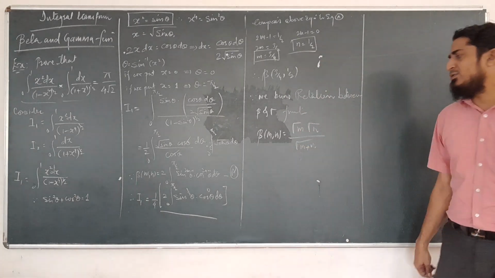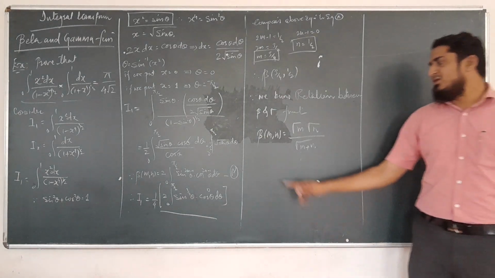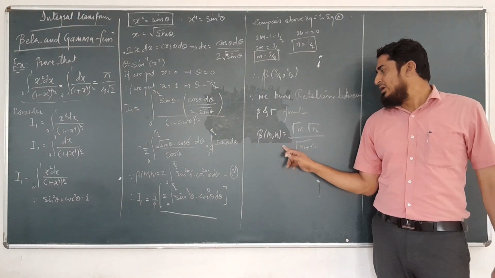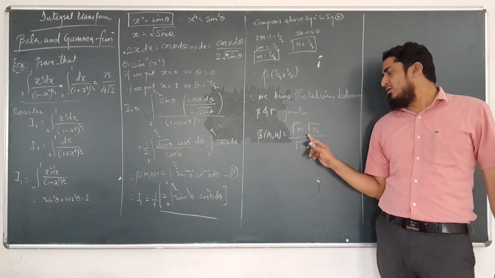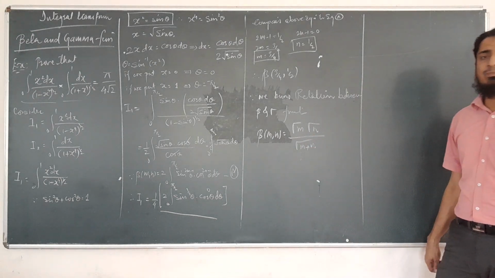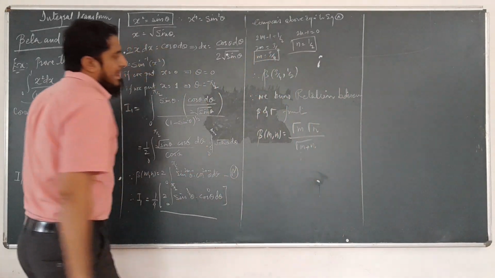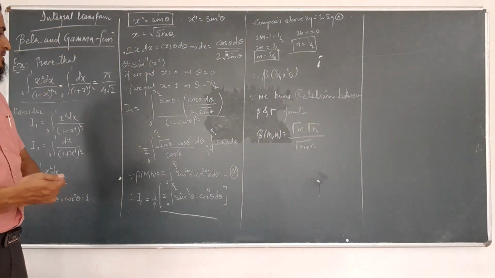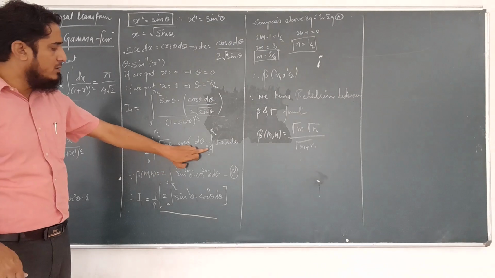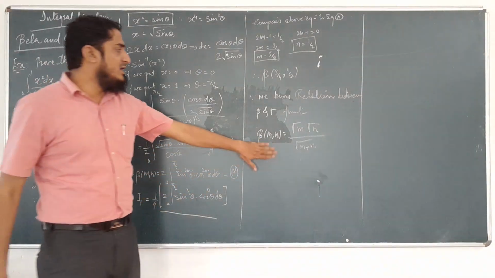We know the relation between gamma and beta function. Now we are going to solve with the help of this relation.